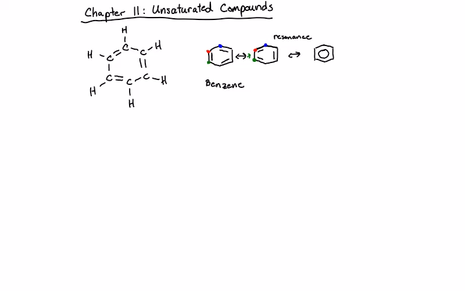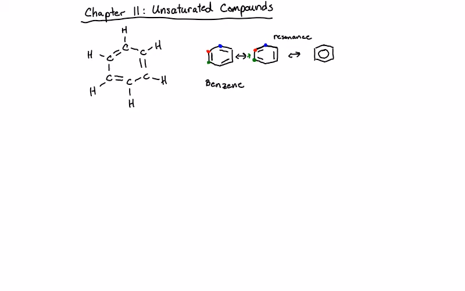Now, in terms of naming aromatic compounds, this can be a little bit complicated because there's a lot of common names that have been so well established in the scientific literature that a lot of the common names have become the systematic names. So I'm not asking you guys to memorize any of these names here, but I just want to show you some of them.